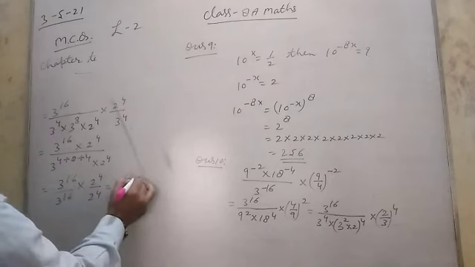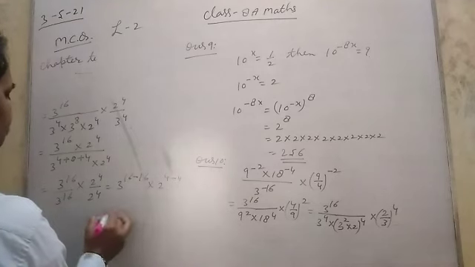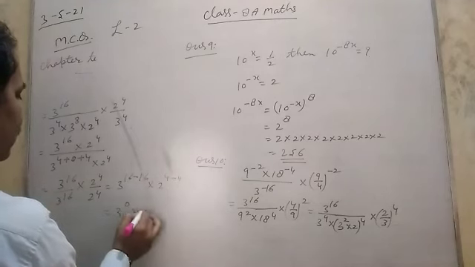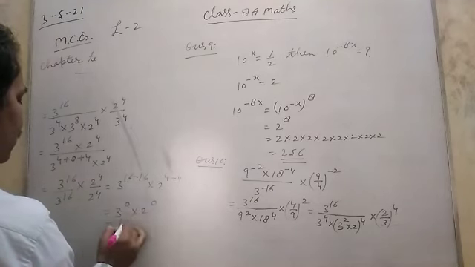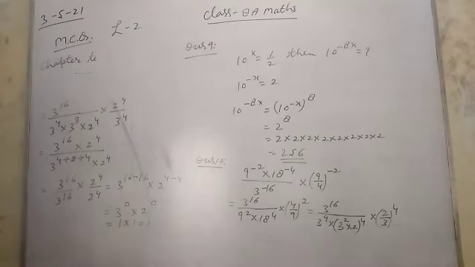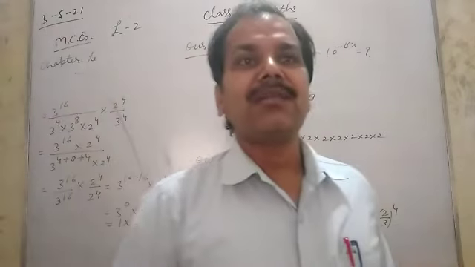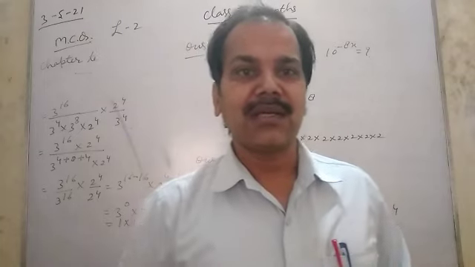So 3 power 16 minus 16 into 2 power 4 minus 4. So 3 power 0 into 2 power 0. So 1 into 1 is equal to 1. Okay, option C in question number 10. So now this chapter 2 is also completed. In the next video I will start lesson 3. Okay, thank you.